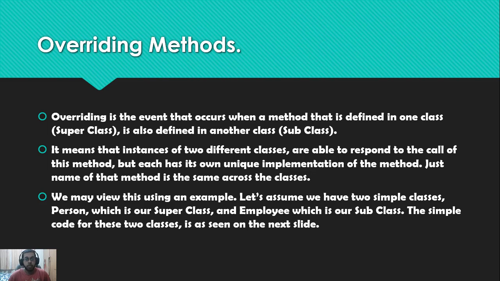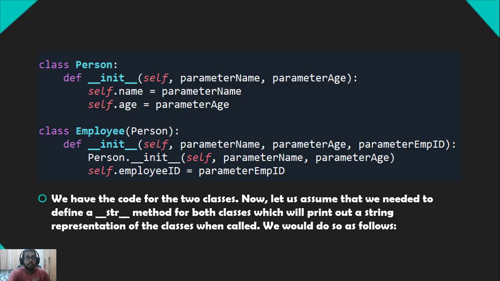Let us assume we have two simple classes, Person, which is our superclass, and Employee, which is our subclass. The simple code for these two classes is as seen on the next slide. Class Person: def __init__(self, name, age): self.name = name, self.age = age.